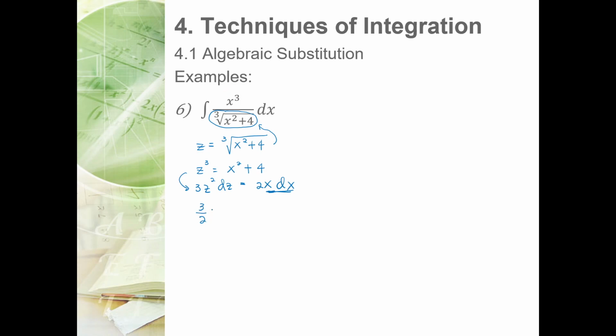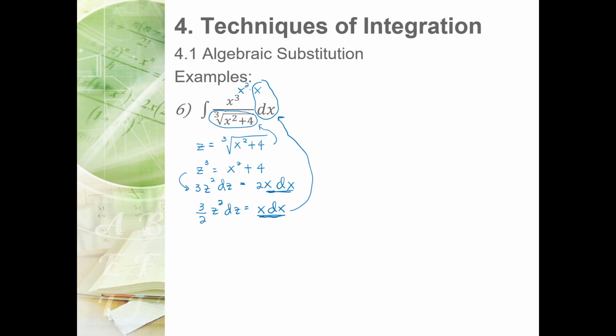So this becomes 3/2 z squared dz is equal to x dx. So where do we get the extra x in the dx term here? We need to borrow it from the x cubed in the equation above. If we break it down, this becomes x squared times x, right? So this is the x dx that can be represented by 3/2 z squared.